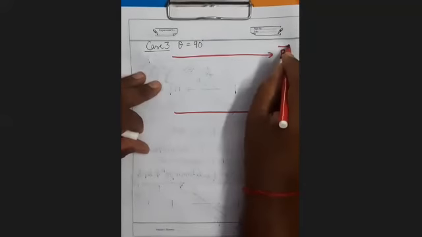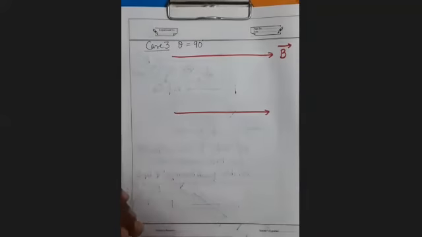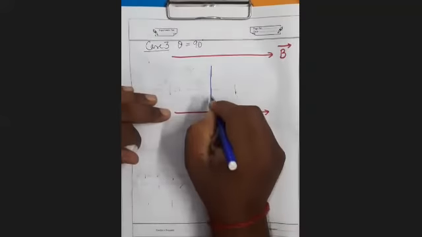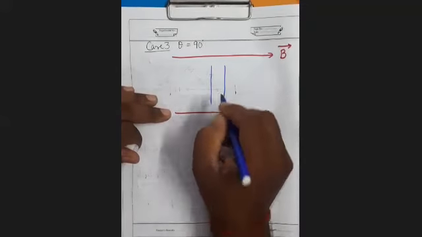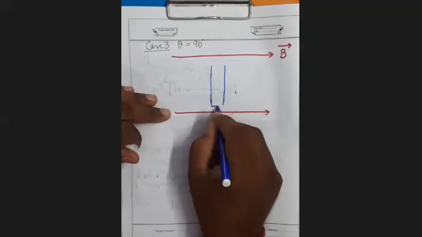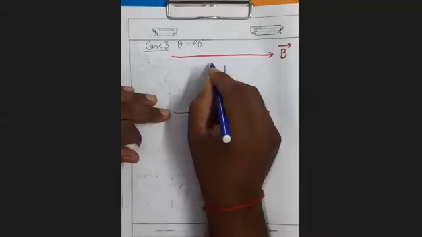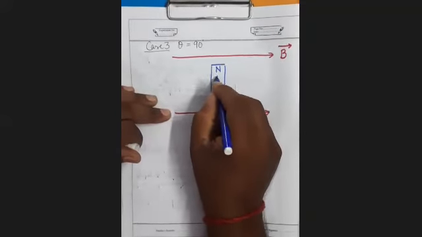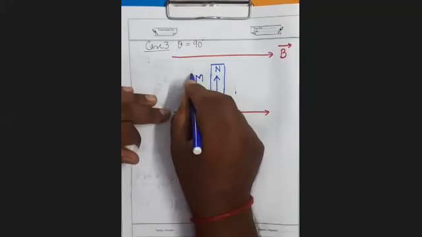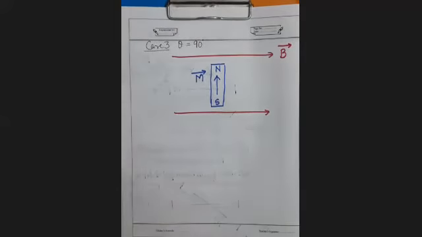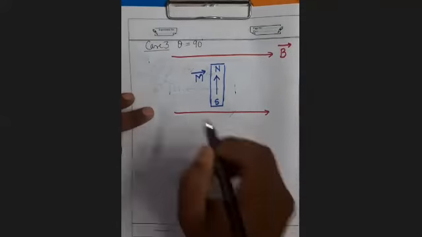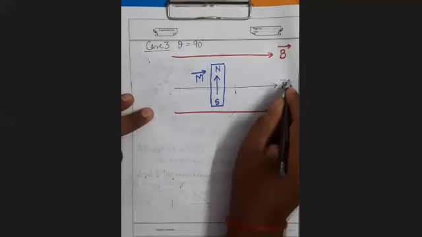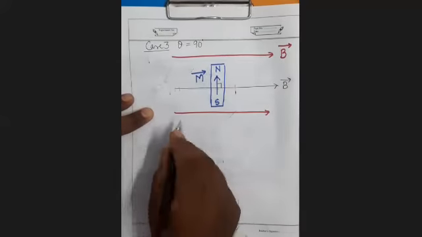This is the magnetic field and this is the direction of the magnetic moment. What is the angle? The angle is 90 degrees.